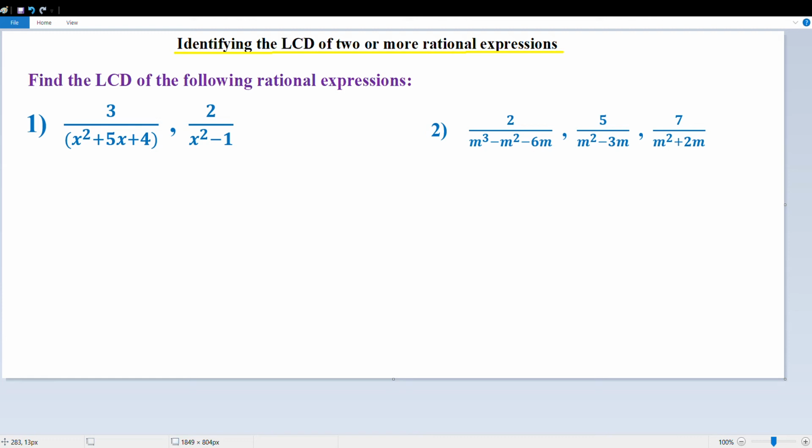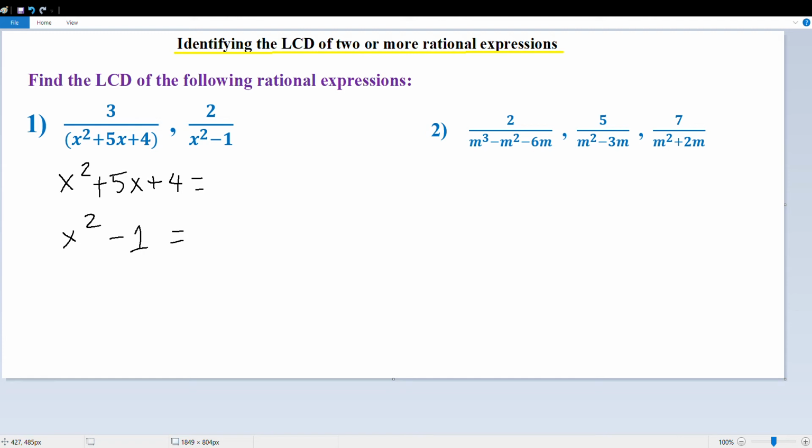The first denominator is x squared plus 5x plus 4, and the second denominator would be x squared minus 1. Now the second step would be to factor these denominators.